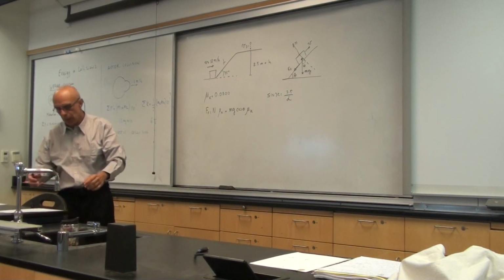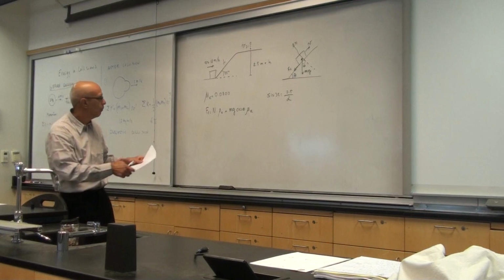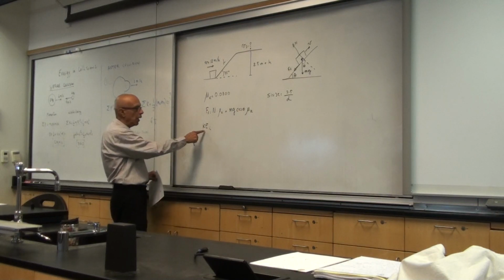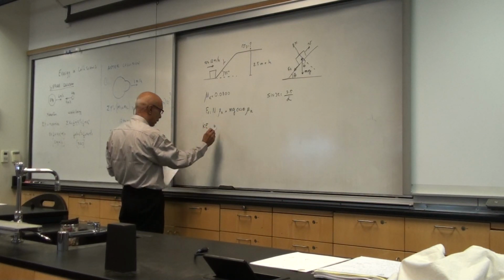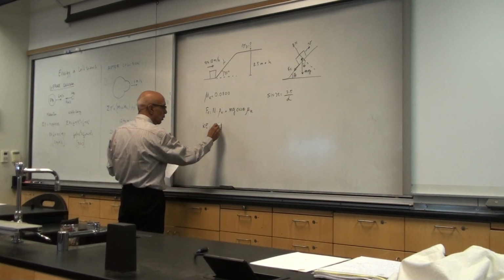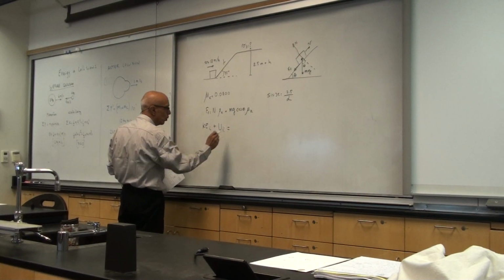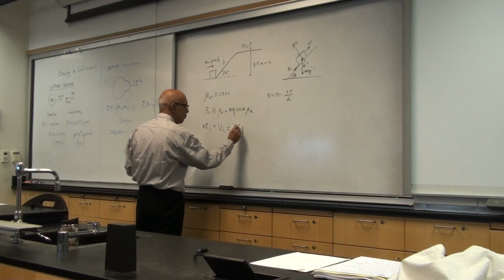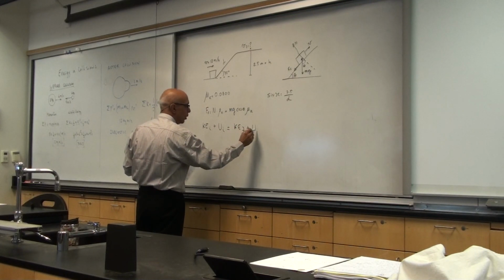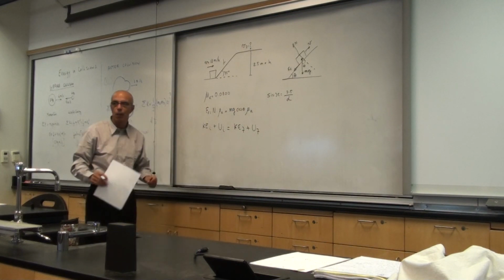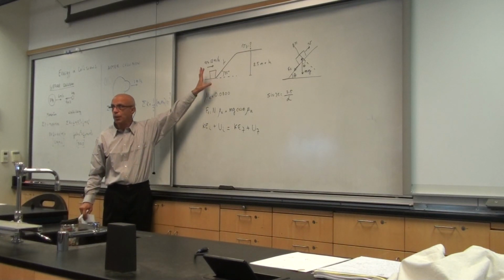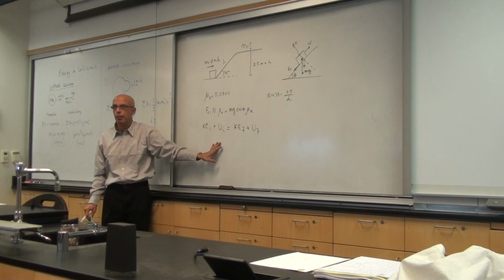So let's write down the initial kinetic energy, I'm going to call KEI, plus the initial potential energy is going to be equal to the final kinetic energy plus the final potential energy. If this is a completely conservative system, this is what's going to happen, right?